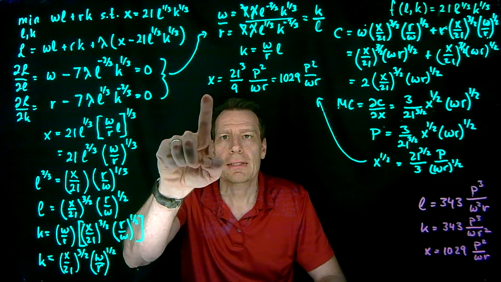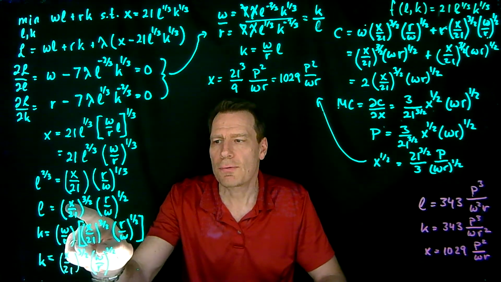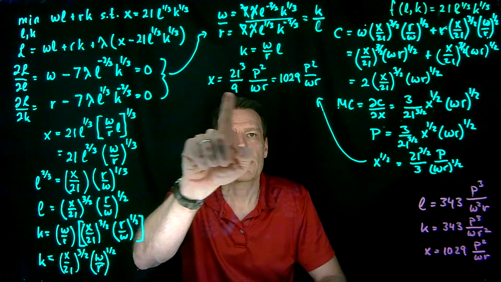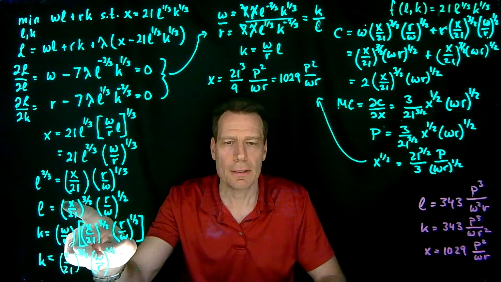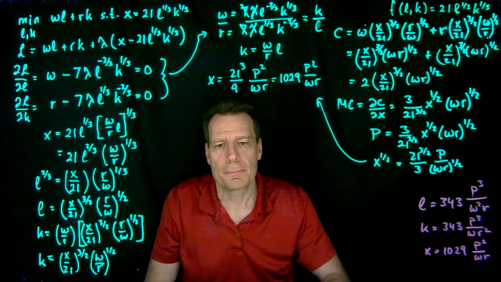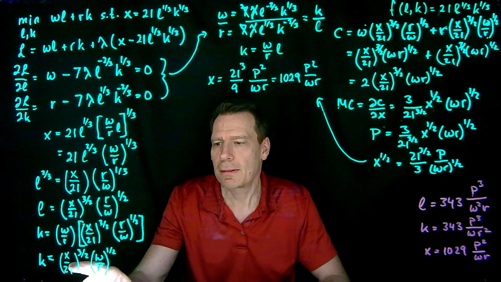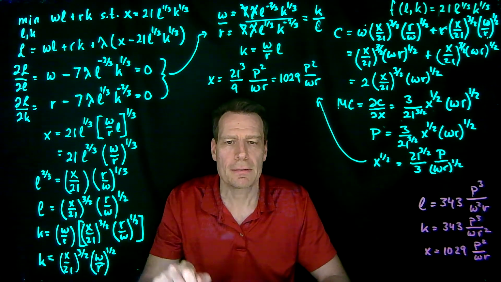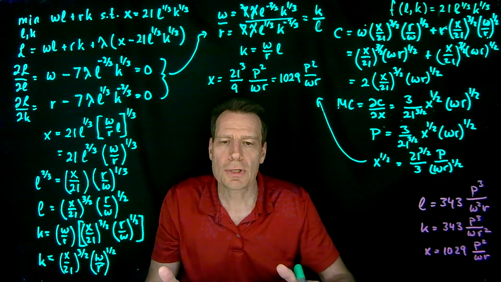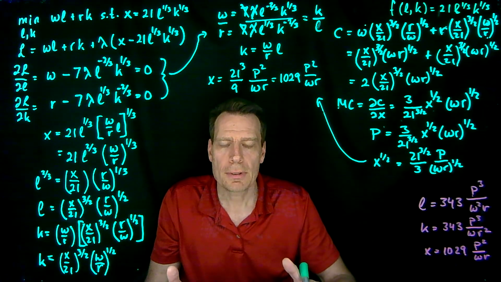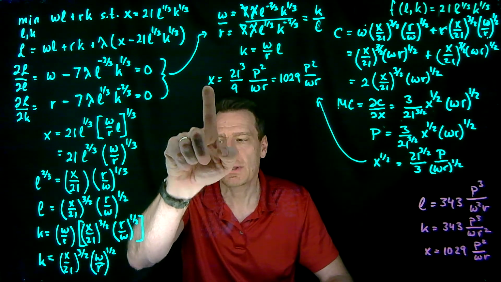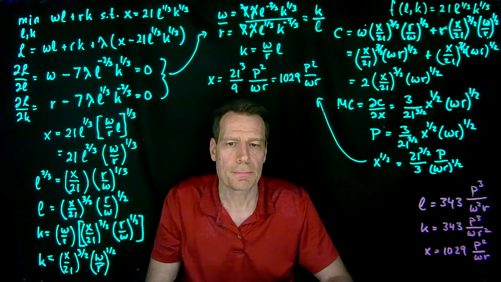Finally, we could take that x and substitute in for the x in the conditional input demands. So if you put this x into here and you simplify it, you'll end up getting this. And if you put this x in here and simplify it, you'll get this. So it'll also give us the actual input demands, not just the conditional input demands, once we figured out what the x is that we actually want to produce.